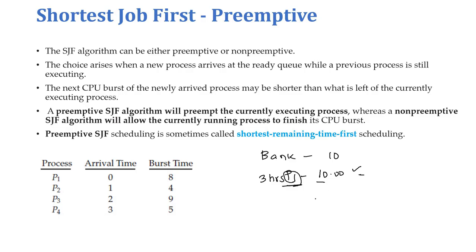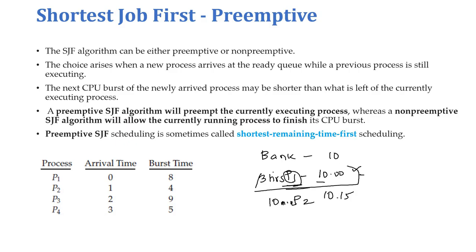Immediately after 15 minutes, the time is now 10:15. Person 2 comes, but he needs only 10 minutes to complete his work. So what we usually do is hold on person 1: "Sir, can you please wait?